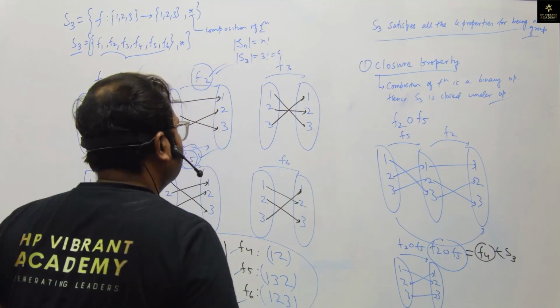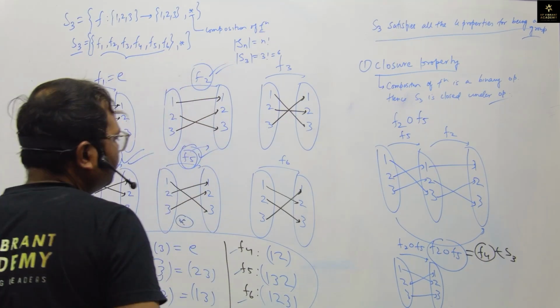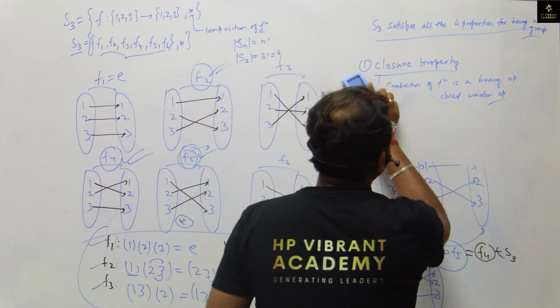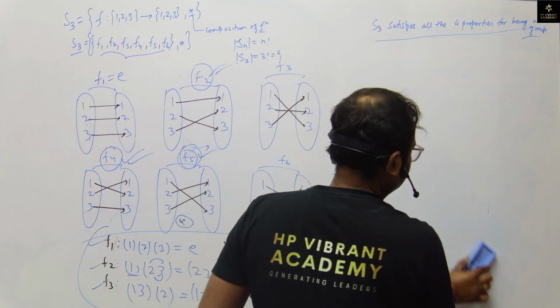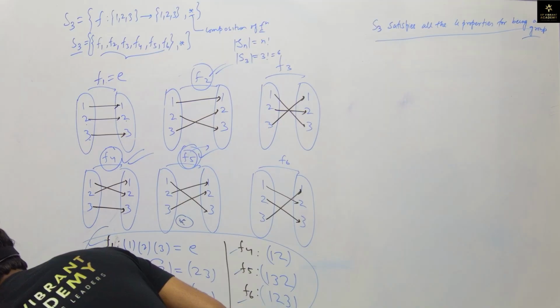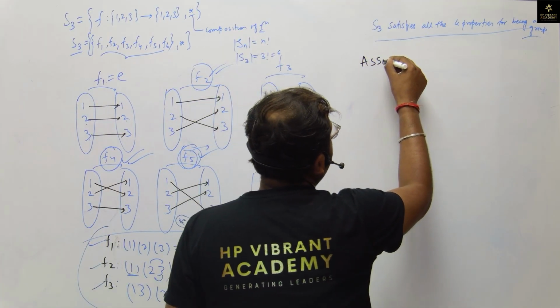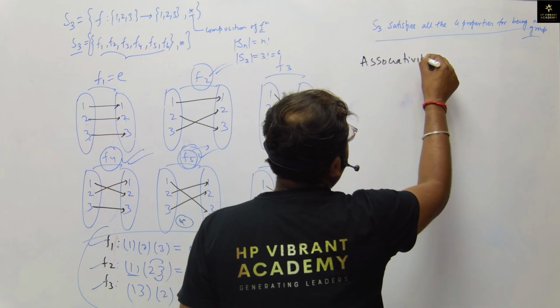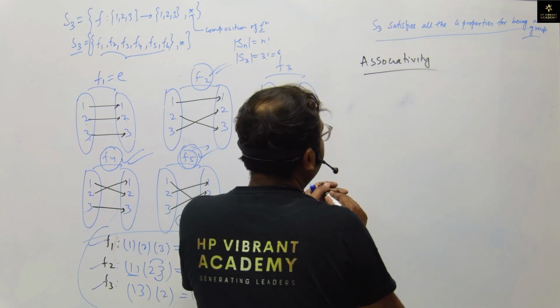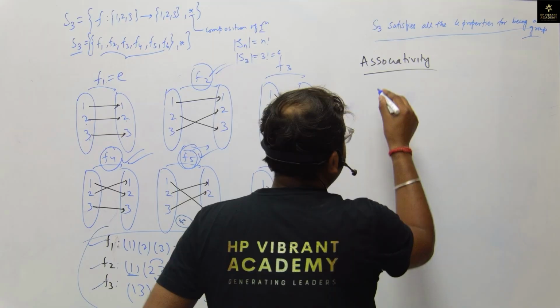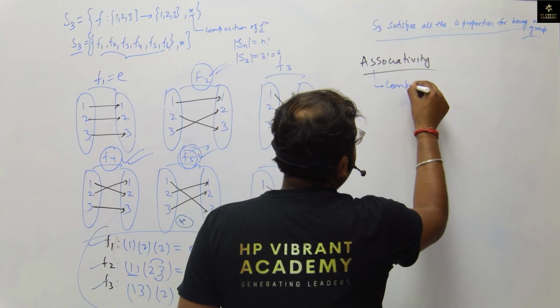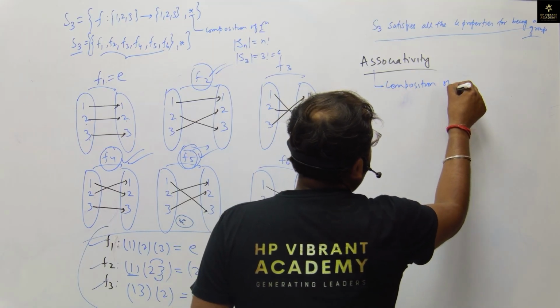Now let us discuss the associative property. Associativity. The composition of function is associative.